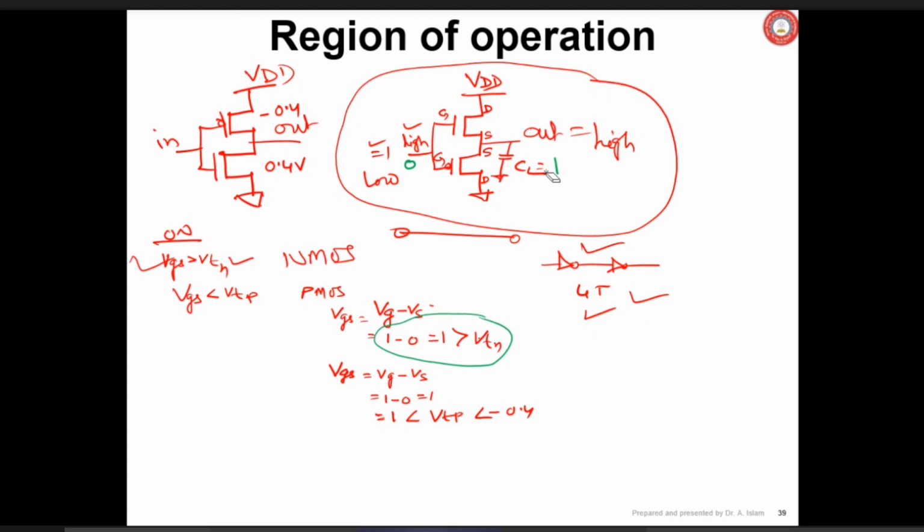Okay, now we'll start the discussion. So VGS is here. How much? VGS for the n MOSFET? Minus 1 volt. So it will be on or off? Off. What about the P MOSFET?